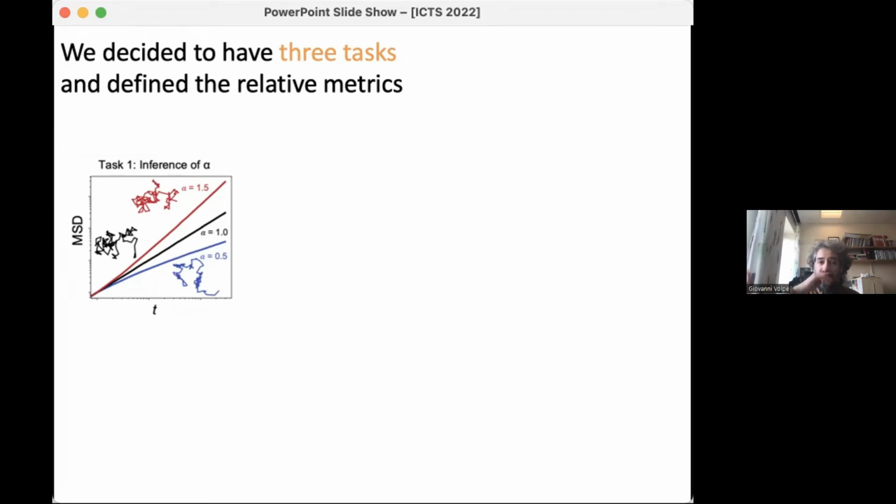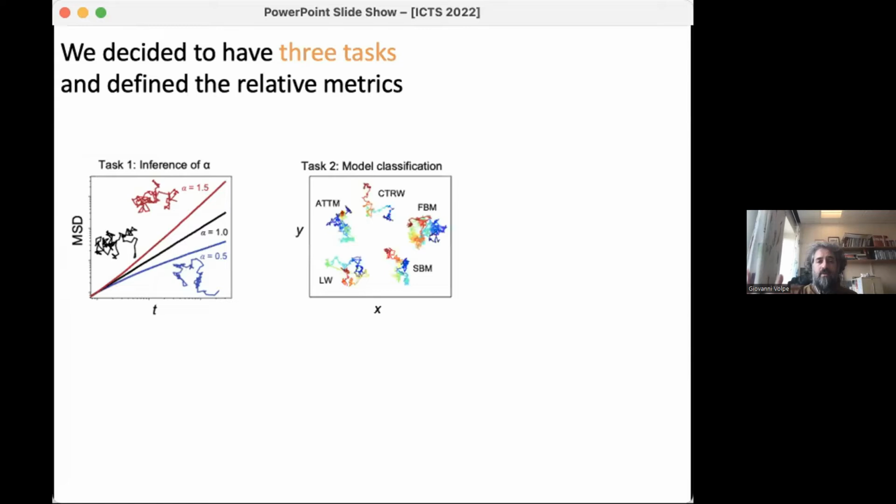So this is the first task we decided. The second task we decided to go for was model classification, to identify which one of the 5 underlying models that we chose was the one of a given trajectory.